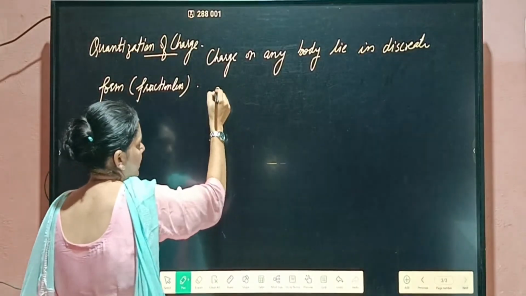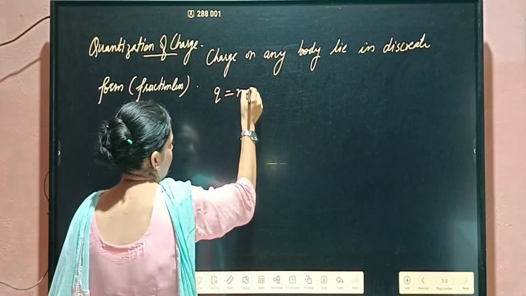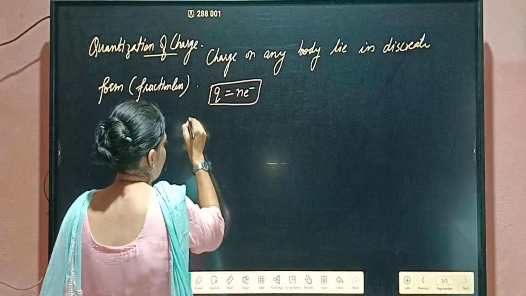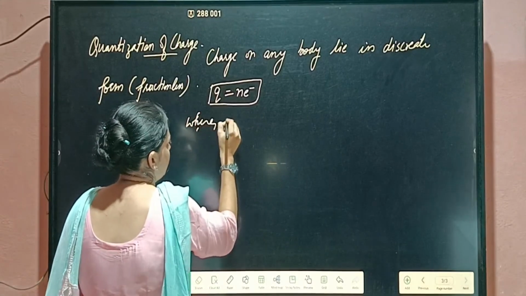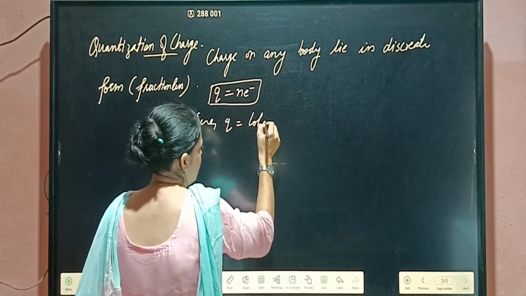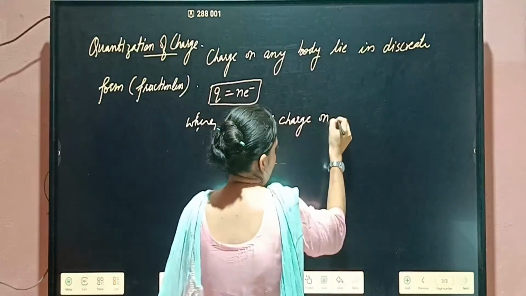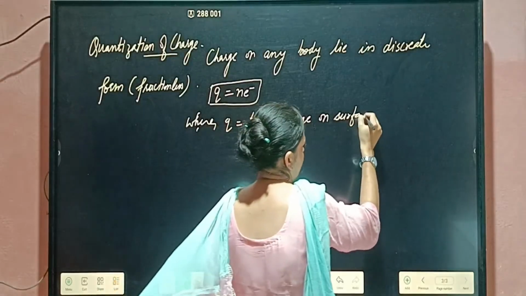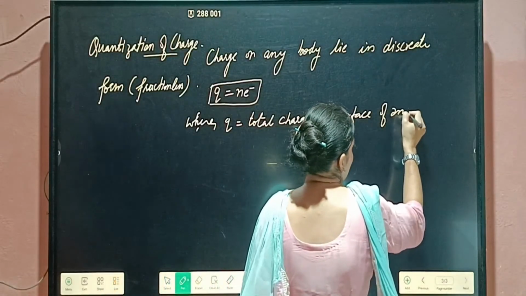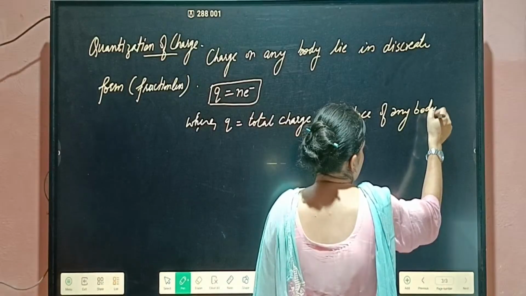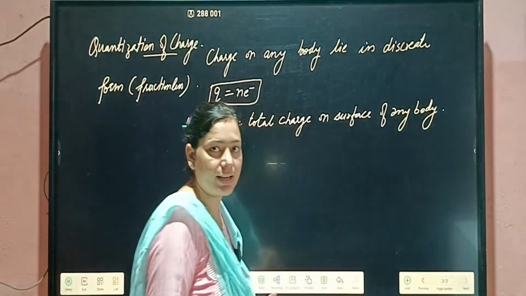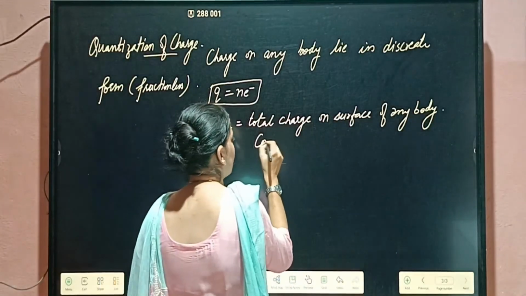Okay, that means you can write Q equal to ne, where Q will be the total charge on the surface of any body. You can say conductor, we can say the charge available on any conductor.